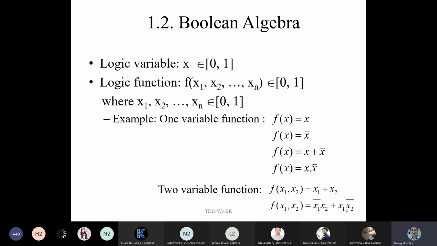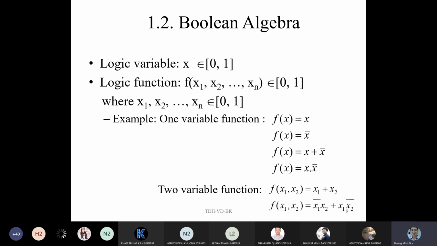This is a normal way to build up a theoretical part in mathematics. Okay, so for the logic variable, please remember it has only two values, 0 and 1, and 0 or 1 is just a symbol. And then we have to define some functions using these two symbols. Okay, so next, about the logical functions.